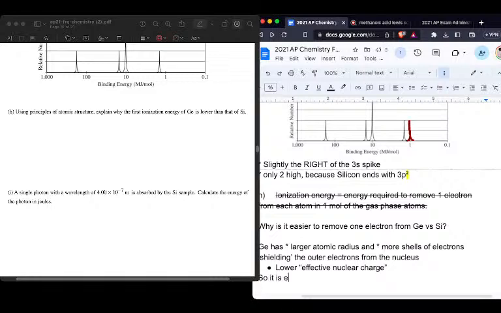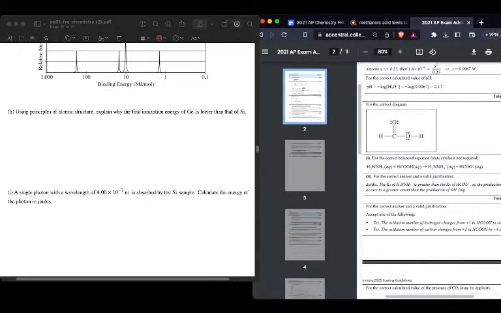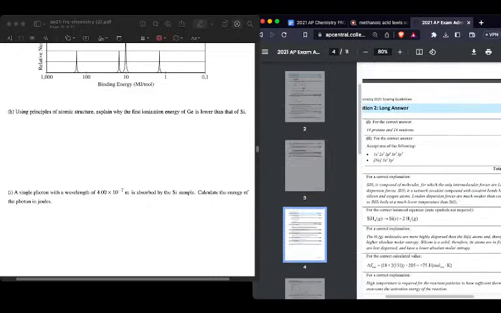So it is easier to remove an electron from its outer shell compared to the smaller Si atom. Nice. Kind of curious how they worded their answer for that, so I'm going to go take a look.